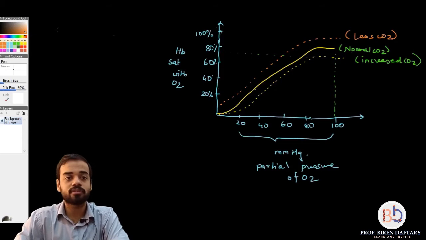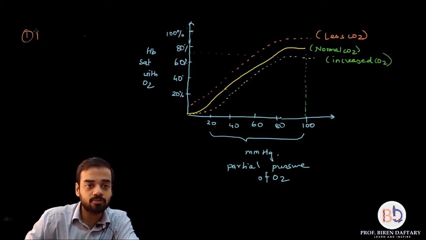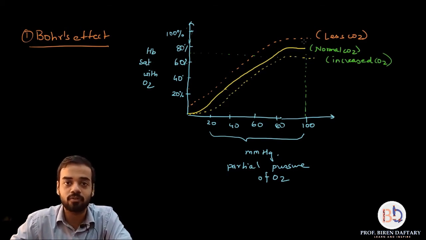Those effects I will just write down over here. The first effect is called Bohr's effect. What is Bohr's effect? Bohr's effect explains this graph by saying that the partial pressure of carbon dioxide will cause this oxygen dissociation curve to shift.